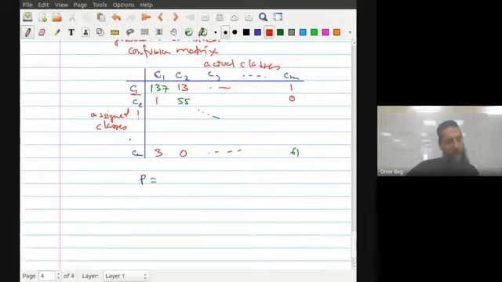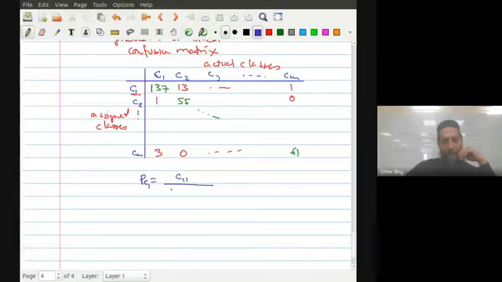So the precision for class 1 would be, let's say, C11 divided by the sum of all the values in the row.